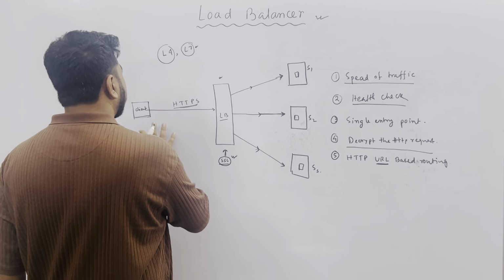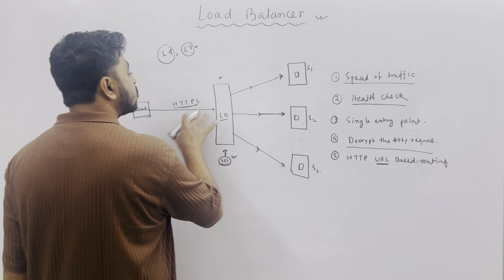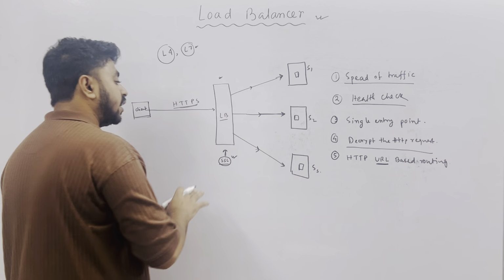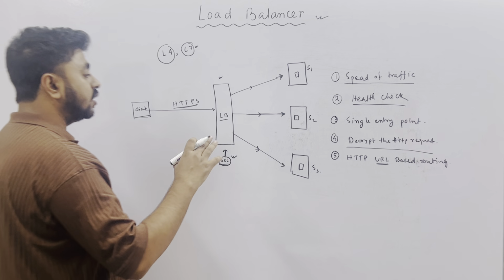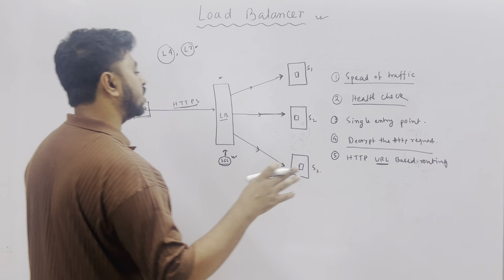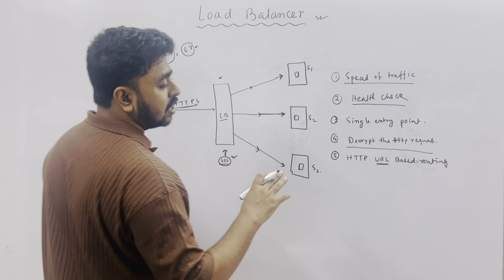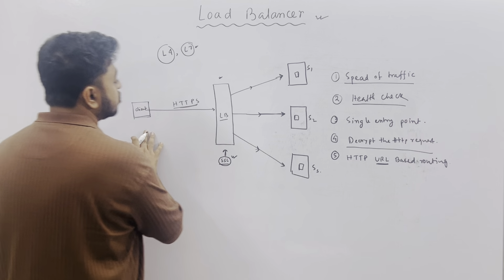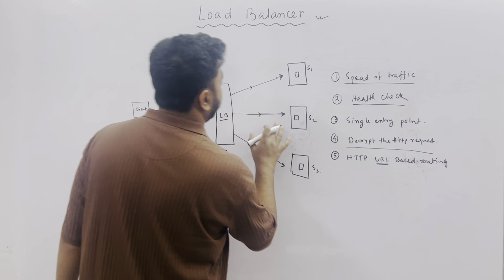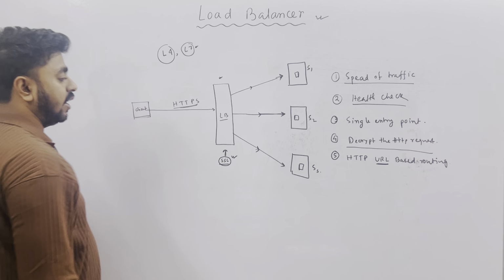It is distributing whatever request is coming across these three, irrespective of what type of request is coming, whether it is a GET request or a POST request, whether it is for the user service or any other service, it just directly sends the raw data packet to S1, S2 and S3, right.